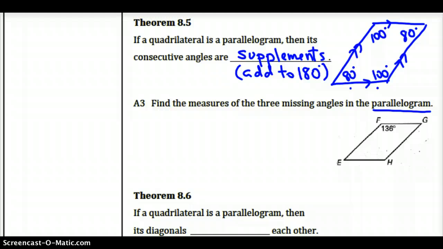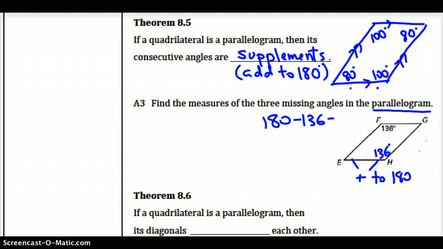Again, since it's a parallelogram, I know that opposite angles are congruent. And then I know that these two have to add to 180. So I can take 180 minus 36 for 44. And 44 will have to go here, and 44 will have to go here for the angles.